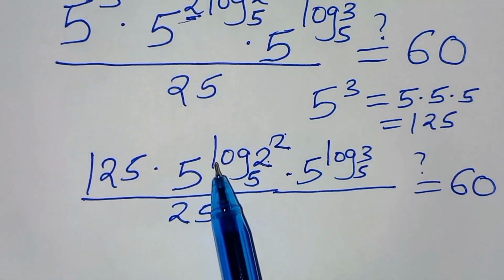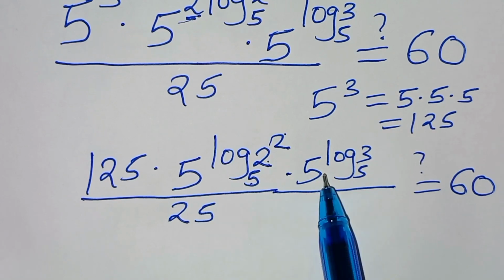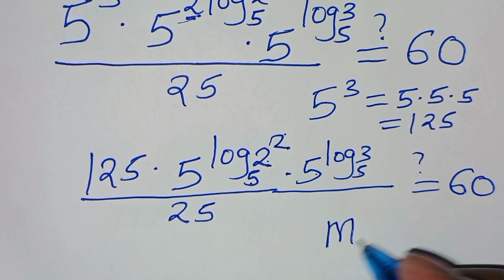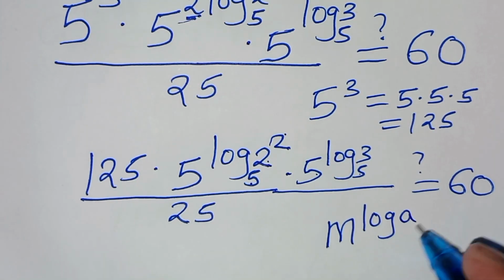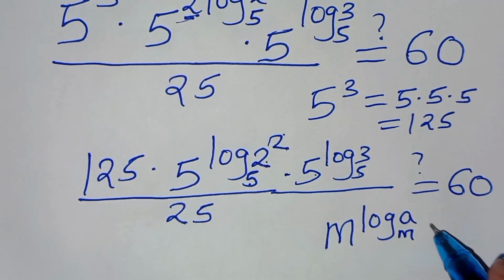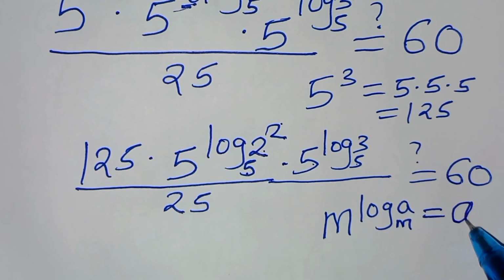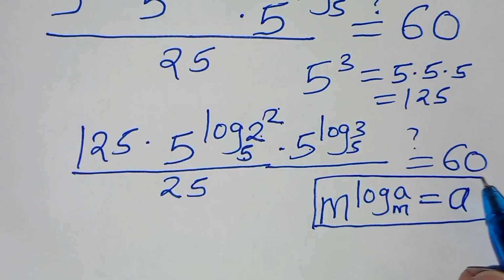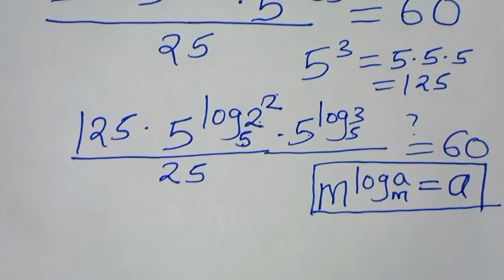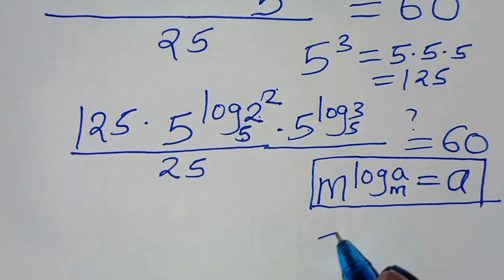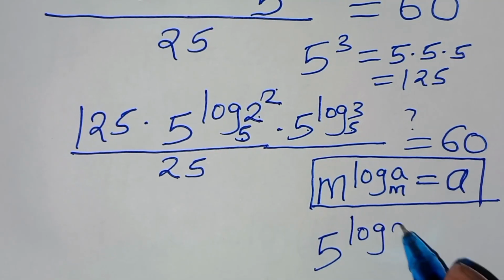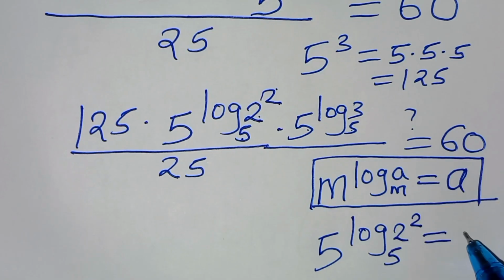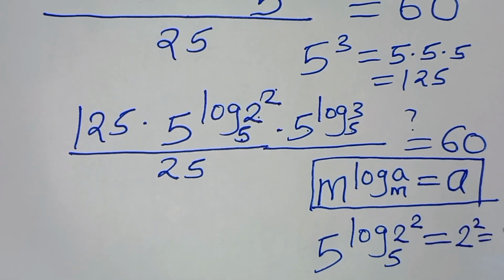Now, 5 to power log 2 squared to base 5 and 5 to power log 3 to base 5 are in the form of m to power log a to base m, which essentially gives us a value of a. Applying this logarithm property, 5 to power log 2 squared to base 5 gives us 2 squared, which is equal to 4.